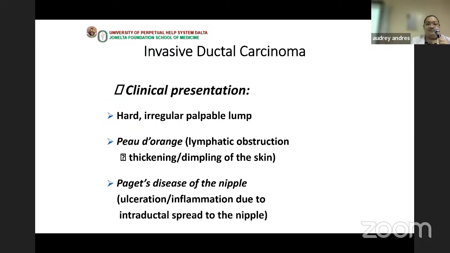How do you present? It presents with a hard, irregular palpable mass. Okay? With your thickening or dimpling of the skin. You have your Paget's disease of the nipple. This is also your ulceration or inflammation due to intraductal spread to the nipple.